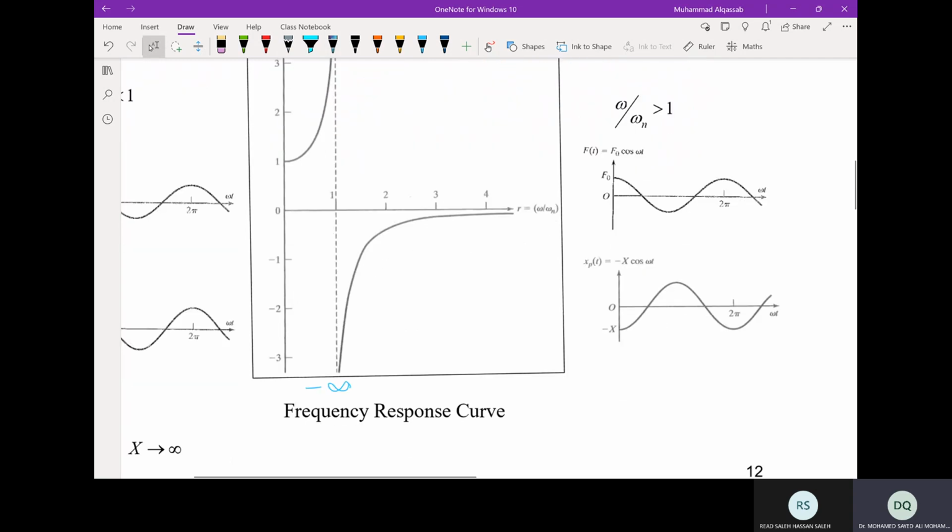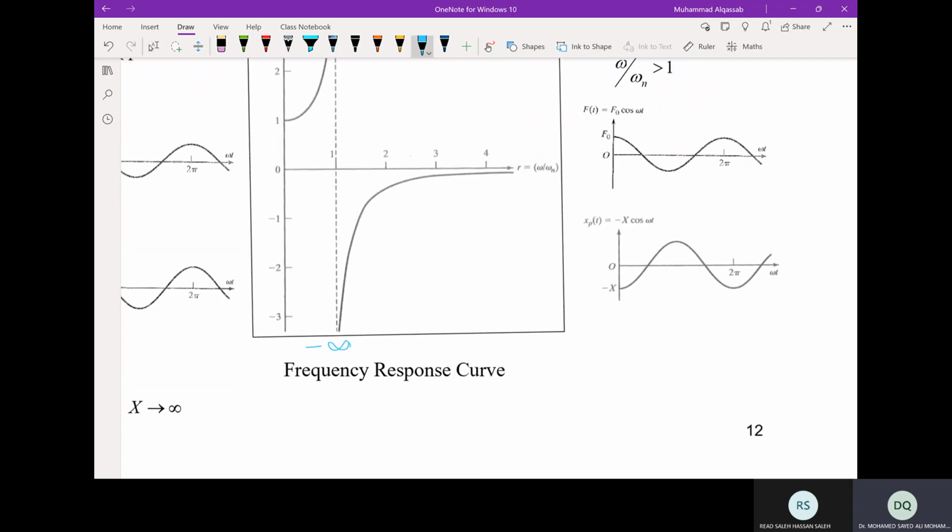Now this is called the frequency response curve. It does not tell you when its amplitude ratio is going to reach this quantity. For example, let's say that at omega over omega n equal to 3, the amplitude is this value. Okay, this is the amplitude.